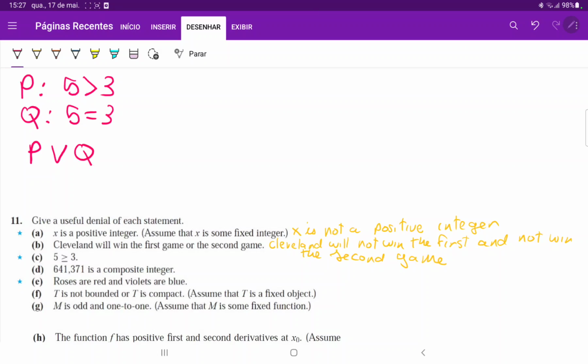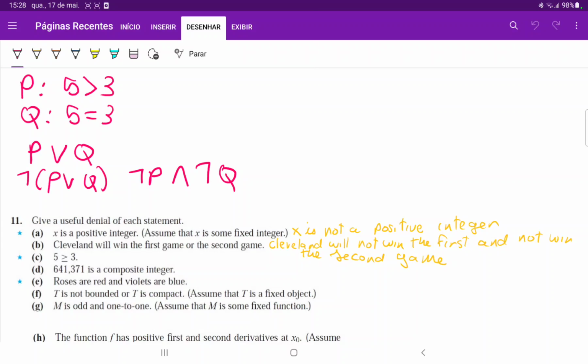So when we're denying this, we're saying, okay, not (P or Q). And once more, with De Morgan's laws, we're saying not P and not Q. So we're saying, okay, 5 is not greater than 3, and 5 is not equal to 3.